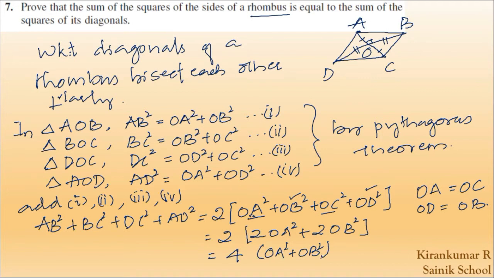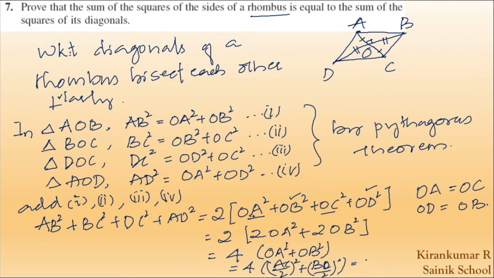OA and OB, they are the parts of the diagonal. If you recall, the diagonals bisect each other. Instead of OA, I can write it as AC by 2. So I'll get 4 times of AC by 2 whole square plus, instead of OB, BD by 2 whole square.